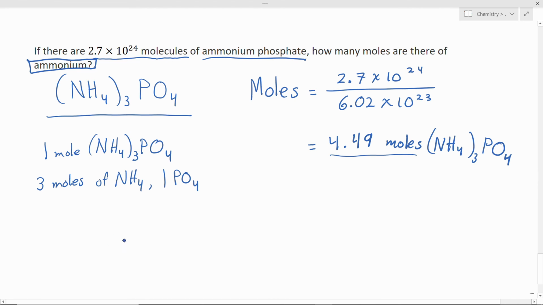Just to show you how a proportion would work, we would know that 1 mole of the entire compound has 3 moles of NH4.